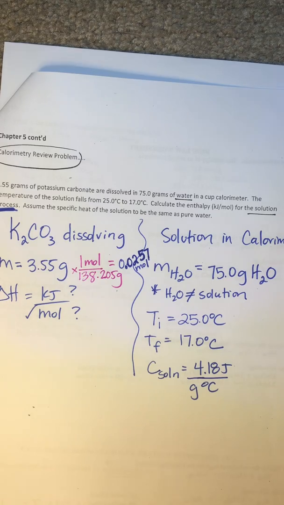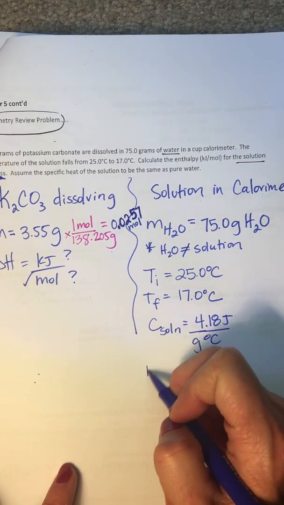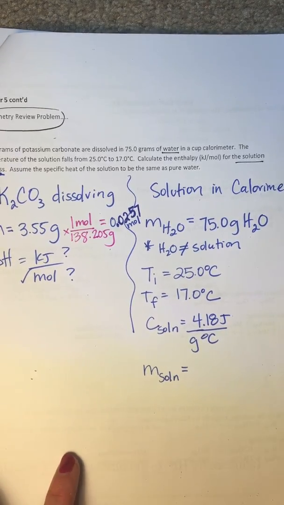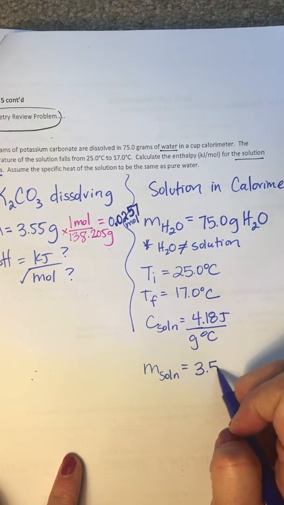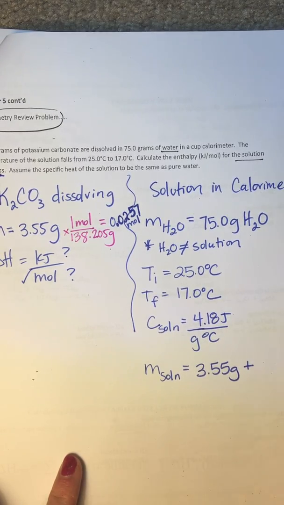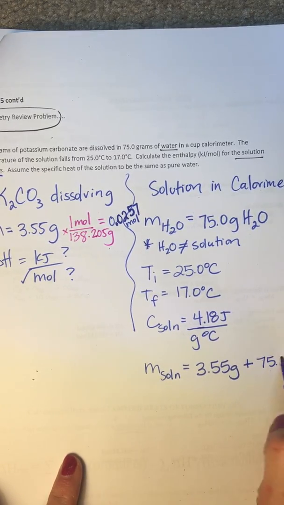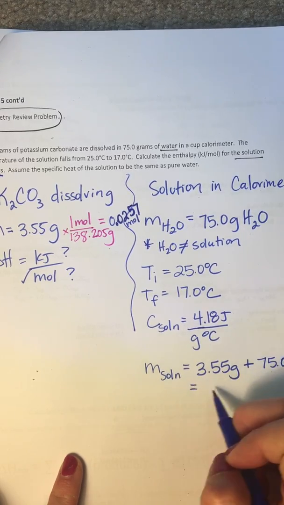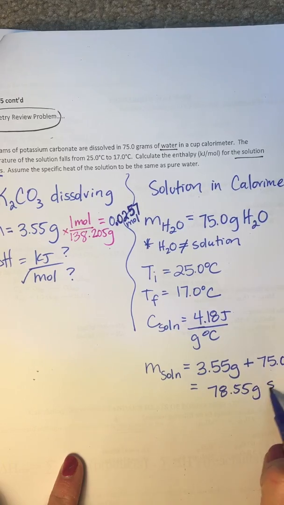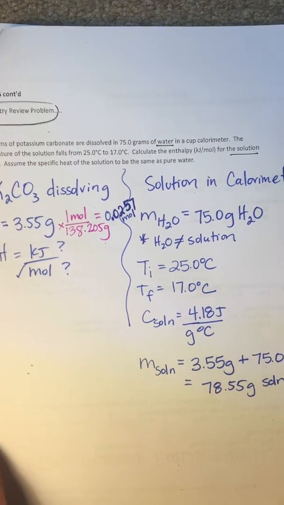So how are we going to get the mass of our solution? Well, a solution's made by dissolving the potassium carbonate. So we've got to add those two masses together, our potassium carbonate and then our water. So now we have 78.55 grams of our solution.